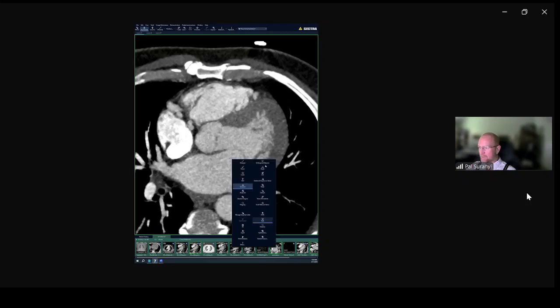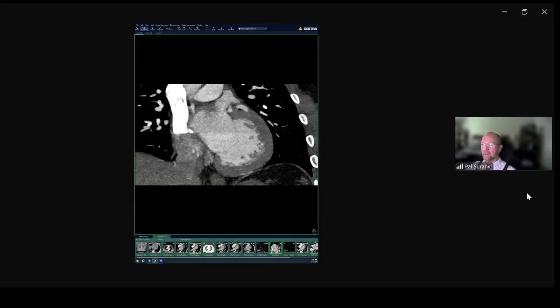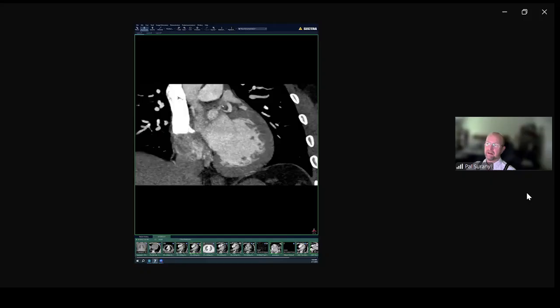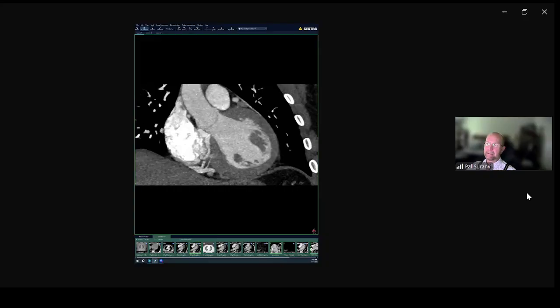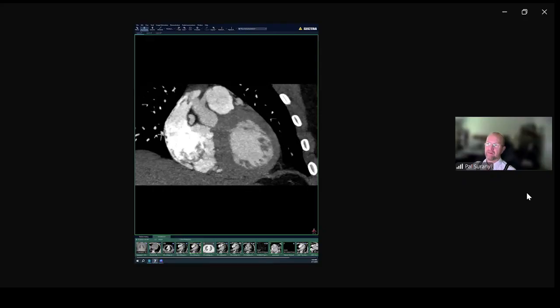No comments. I'll show the patient in a coronal view as well. Look at that left main, how big that is. This is a right coronary artery arising from the main pulmonary artery.